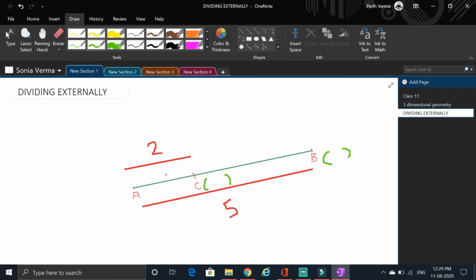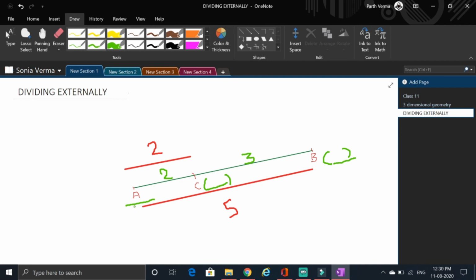As this is 2:5, you can say this is 2 and this is 3. So now this became 2:3, and you can say C is internally dividing AB, and by using the coordinates of these two points and this ratio, you can find it. In that way you will be able to sort it out using the same formula.